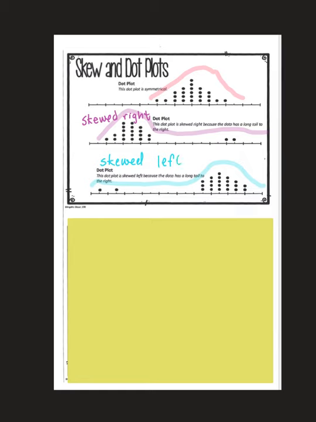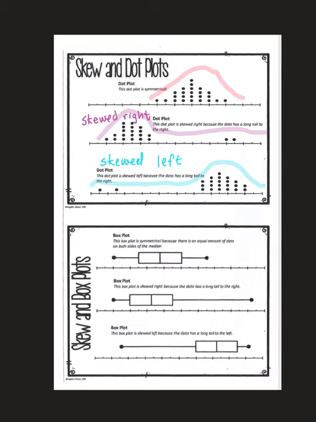So now let's talk about it with box plots. If I look, this first one is rather symmetrical. And again, that's because these are the same. Also, the whiskers are the same length. So that's going to make it more symmetrical.